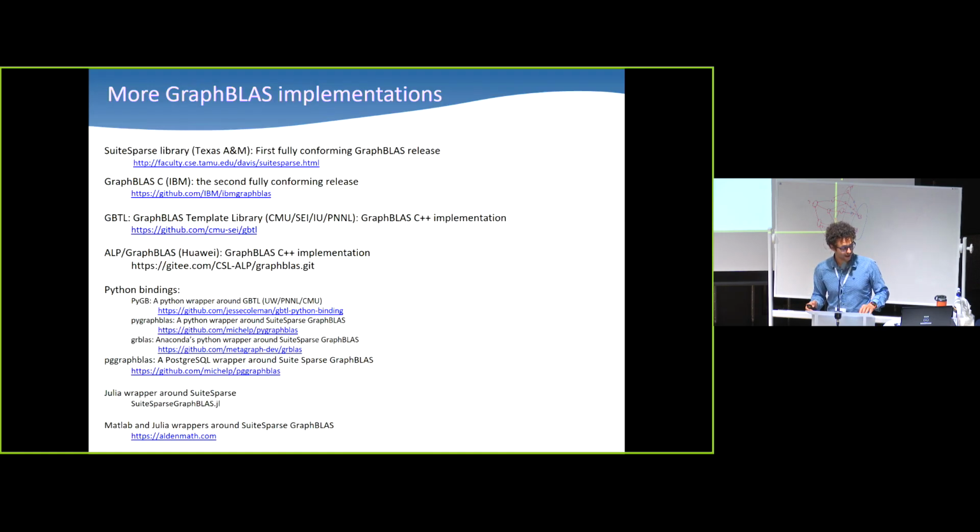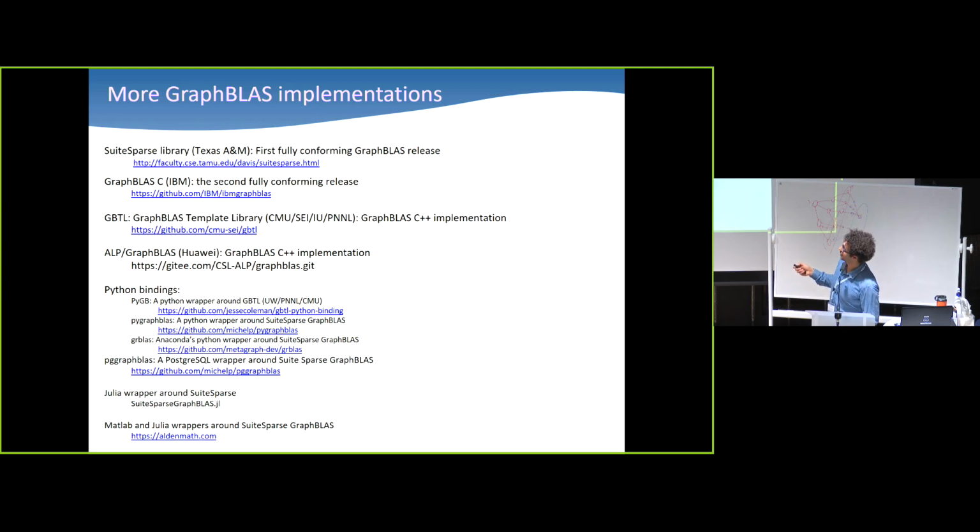Now I want to give a shout out to all the other people that developed GraphBLAS-like libraries. The things that I talked to you about, Combinatorial Blast for distributed memory and GraphBlast for GPUs, are actually not compliant to the GraphBLAS standard that we wrote, because they're all in C++, and the standard is in C. So we kind of make it look like it, but it's not going to be directly running.